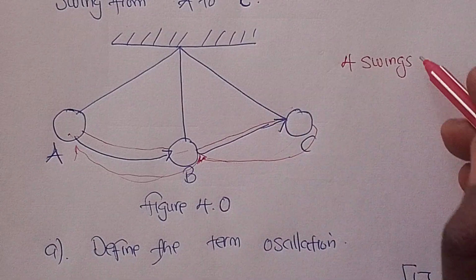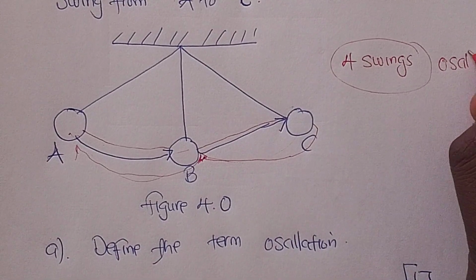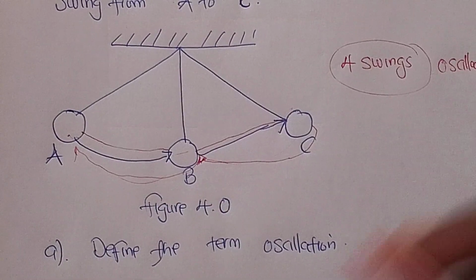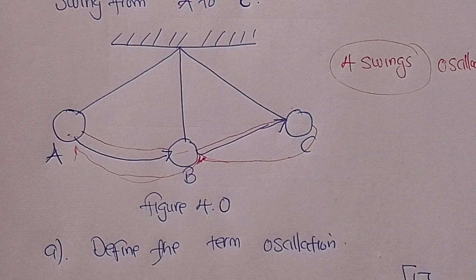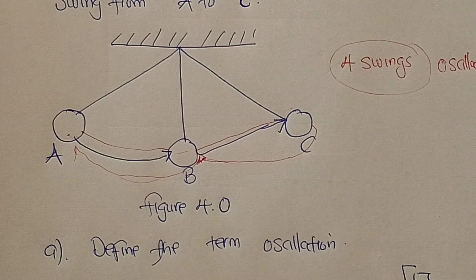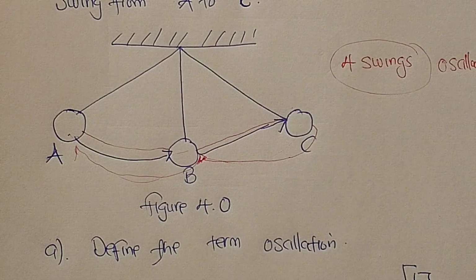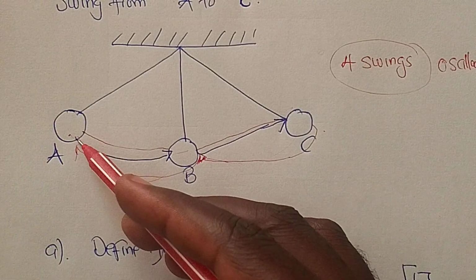So if it makes 4 swings, this is what's going to make what we can call an oscillation. So if at all there is the question that says define the term oscillation, we're going to say this is the number of swings made per second. Always know a pendulum bob makes about 4 swings. So which means in this regard, if it moves from A to C, it simply means it only moved 2 times. 1, 2.